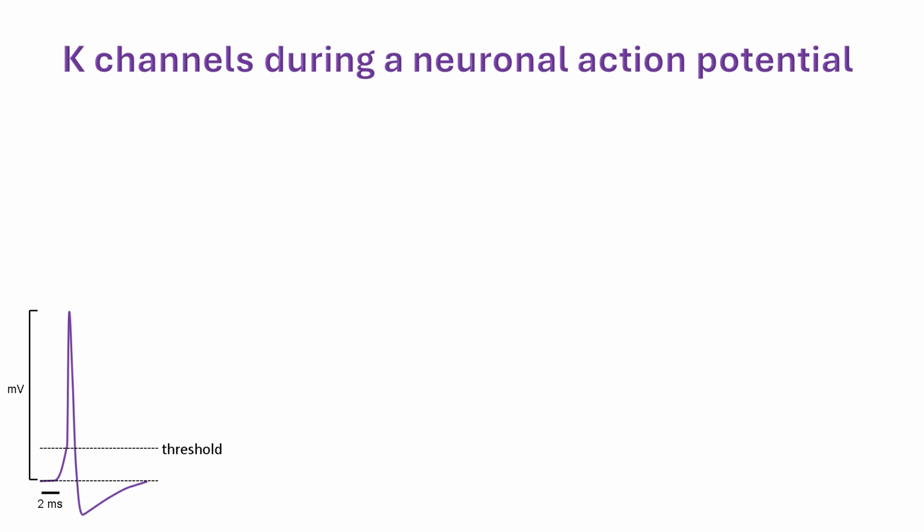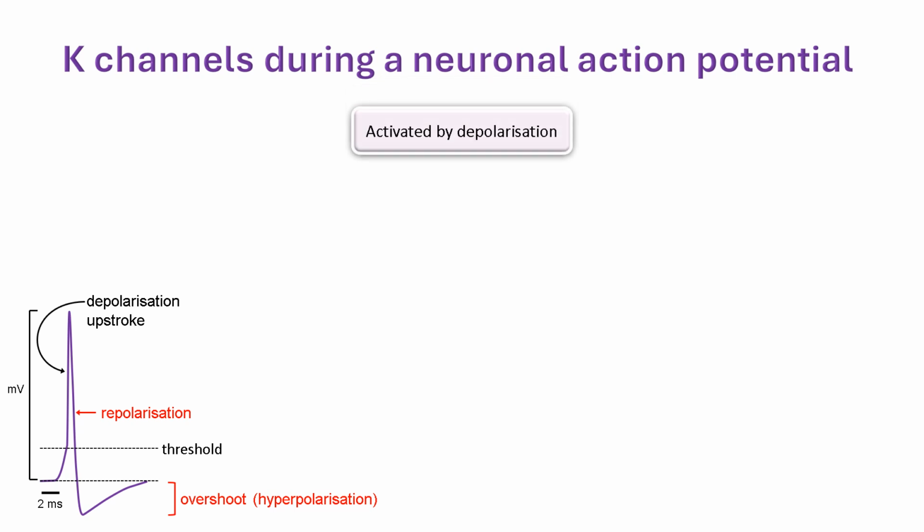There are 3 distinct phases to the neuronal action potential: the upstroke depolarization mediated by sodium channels, as just explained, the repolarization, and the overshoot. The later phases both reflect the behavior of potassium channels. Just like sodium channels, potassium channels are also activated by membrane depolarization.